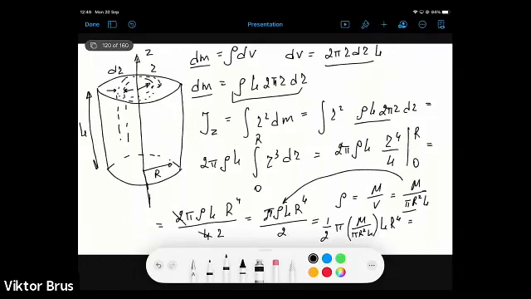Here we can cancel out the height of the cylinder. We can cancel this R squared, and instead of the fourth power we have only the second power, and also this pi. So eventually we will get m times R squared divided by 2. This is the equation for the moment of inertia of this cylinder with respect to axis z.